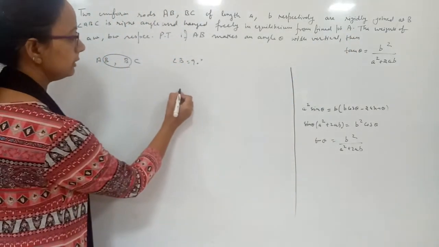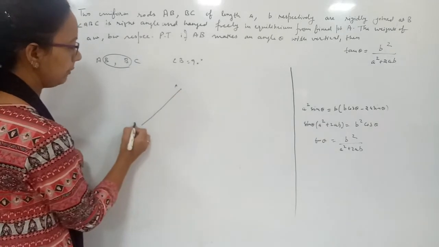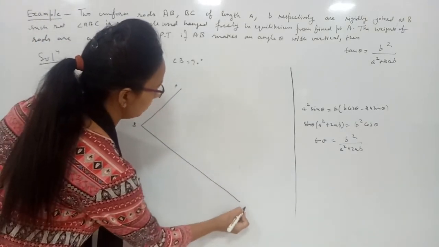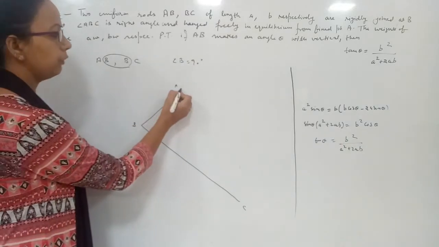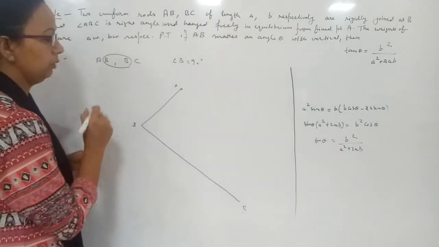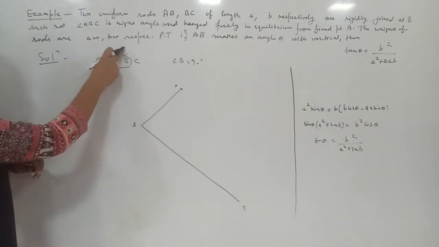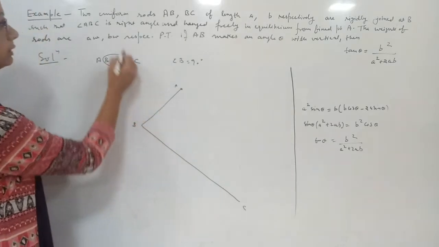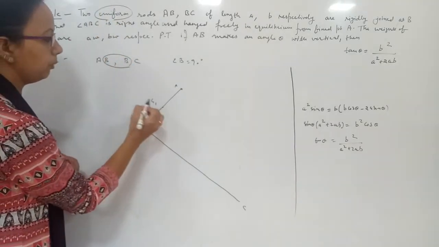So the figure is: we have this rod AB, this rod BC, and this whole system is suspended from A. Now weights are given, aW and bW. The weight of the first rod is aW. Since the rods are uniform, their weights will act at the middle point.